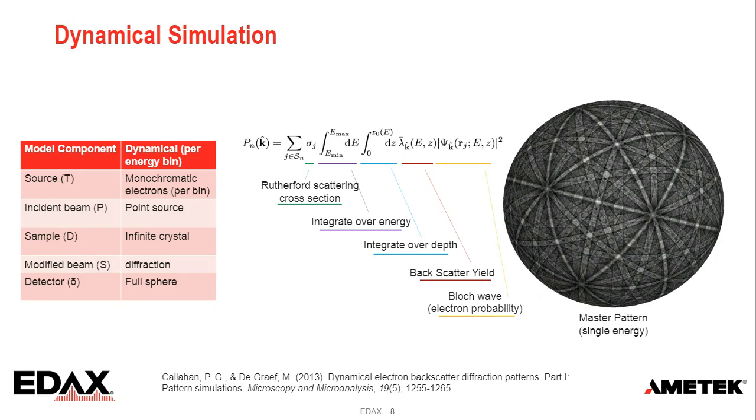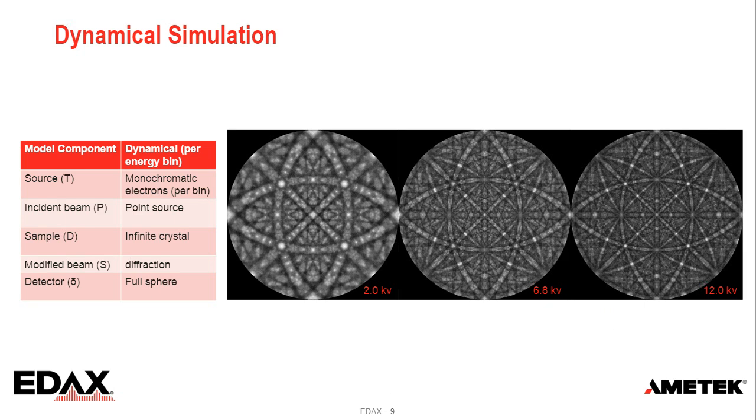But you only have to do it once, and then you can use that for any orientation. Here's what that looks like from the example before, for a couple of different energy bins. As you go to lower kV, you get the bands widening out, which is why you have to do each one of these separately, even though it's the same crystal structure.